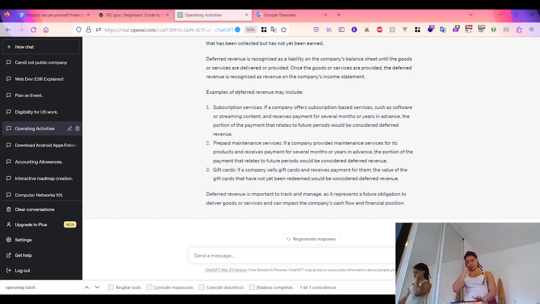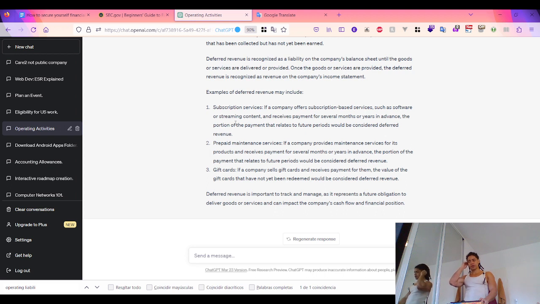Prepaid maintenance service: if a company provides maintenance service for its products and receives payments for several months or years in advance, the portion of the payment that relates to future periods could be considered deferred revenue.